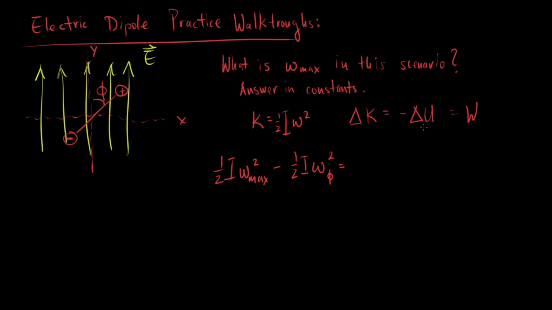And so what is negative potential energy? Recall that our potential energy value is defined as, or actually let's write this over here. Potential energy is equal to negative P E cosine phi.